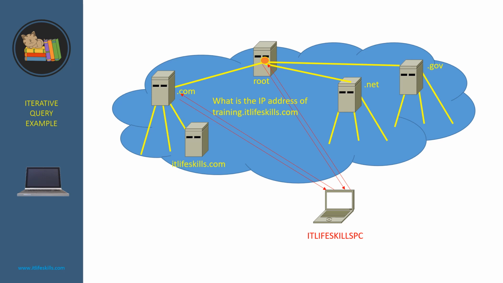The PC again sends an iterative query to the authoritative DNS server of itlifeskills.com domain, and this time it gets the IP address of training.itlifeskills.com as 15.97.142.173.